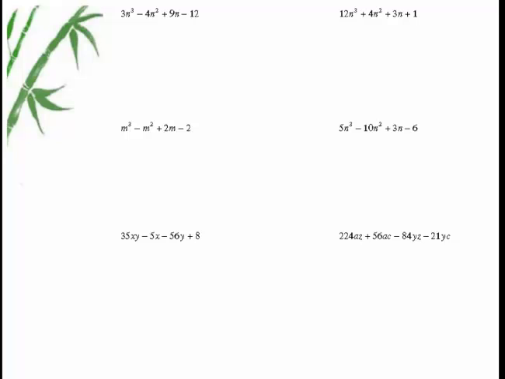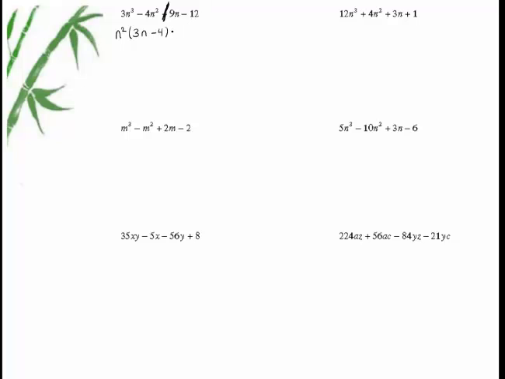Here are some more example problems. These should be arranged already, but let's just double check. I have n's and n's. They have that in common, and 9 and 12 can both divide by 3. So here's my line for my 2 groups. I have a 3 and a 4, so there's no number in common there, but I have 3 n's and 2 n's, so I can take out 2 n's, and I'm left with 3 and 1 n minus 4.